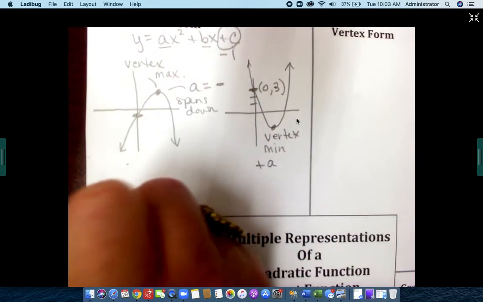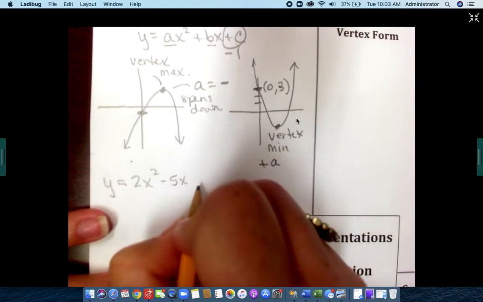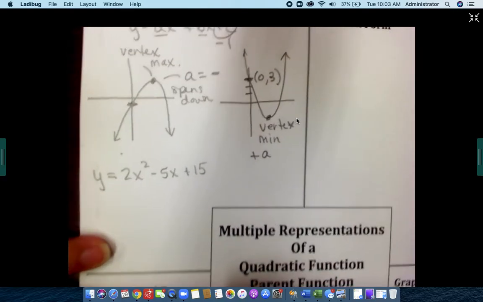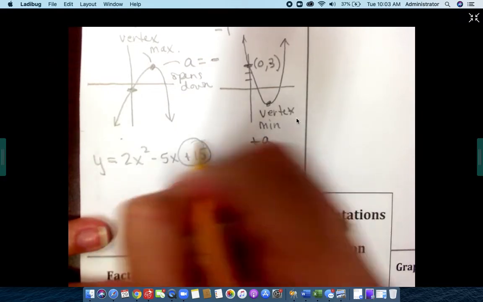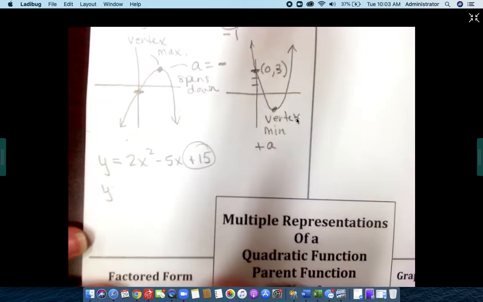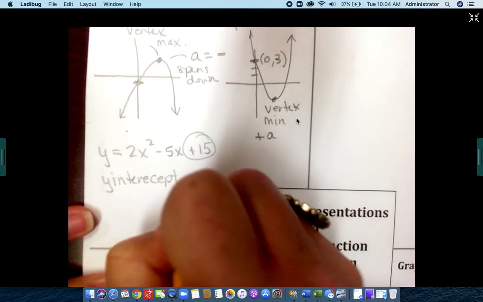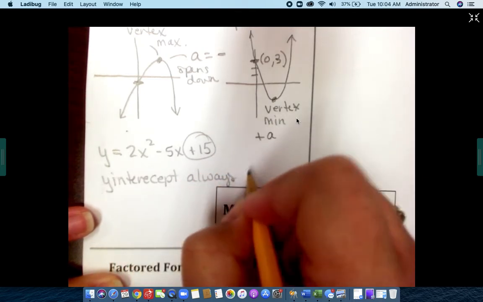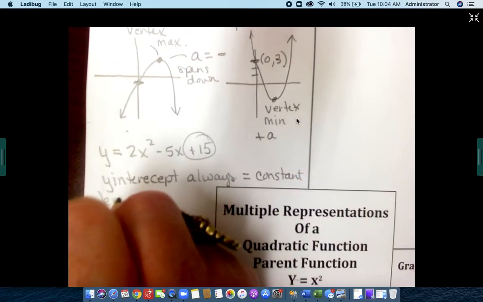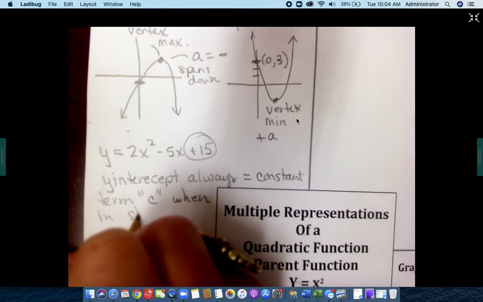So again, if I just give you this example of an equation, 2x squared minus 5x plus 15, and I say, what is the y-intercept? Well, the y-intercept is your constant term. So y-intercept, let me write that over, y-intercept always equals the constant term c when in standard form.